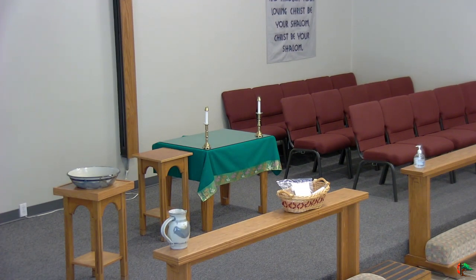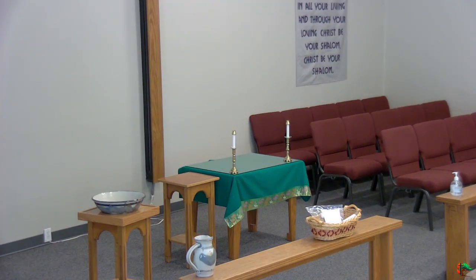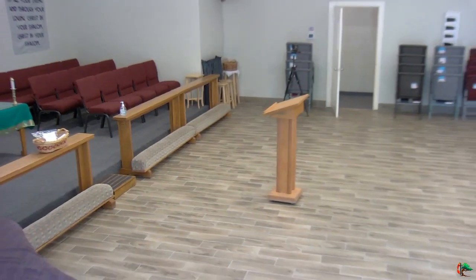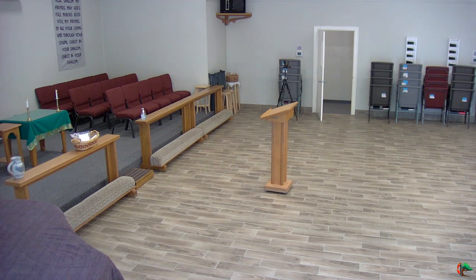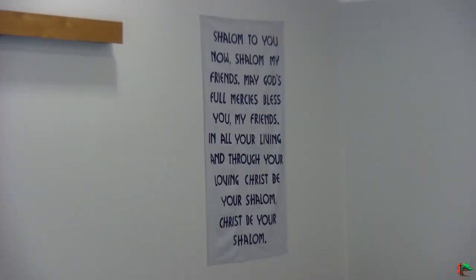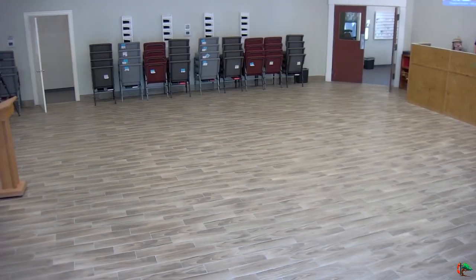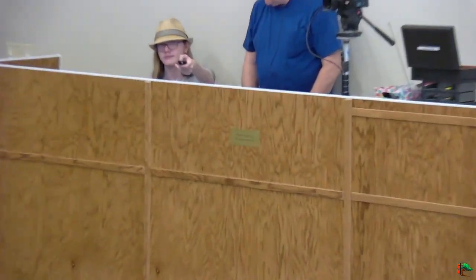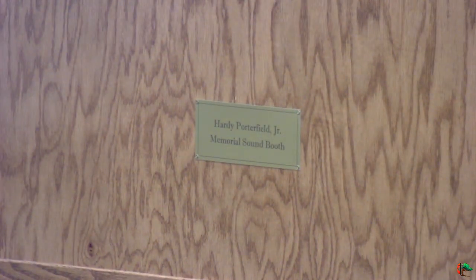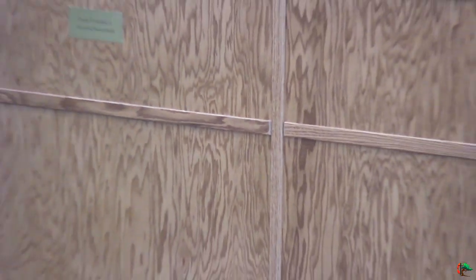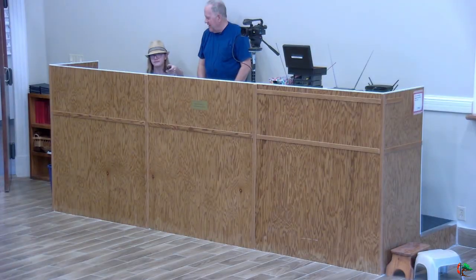And preset number 3, and number 4, and number 5, and number 6, and number 7, and number 8, the plaque on the sound booth. Number 9 is the sound booth itself, and then back to 1 again.